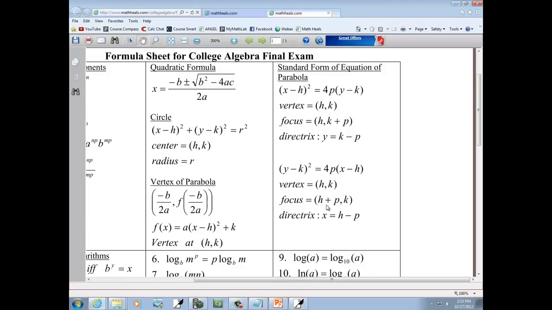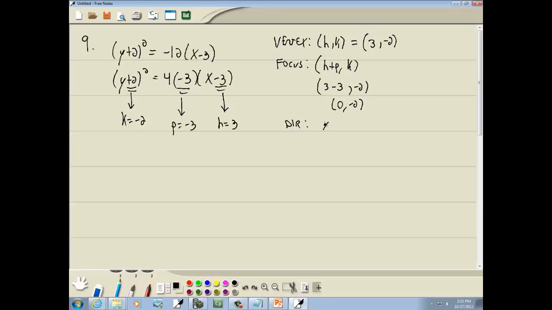And our directrix is x equals h minus p. So we got h, what am I doing? h is 3 minus p, which is -3. So we got x is equal to 6. Negative, negative becomes positive. Okay. 3, -2.